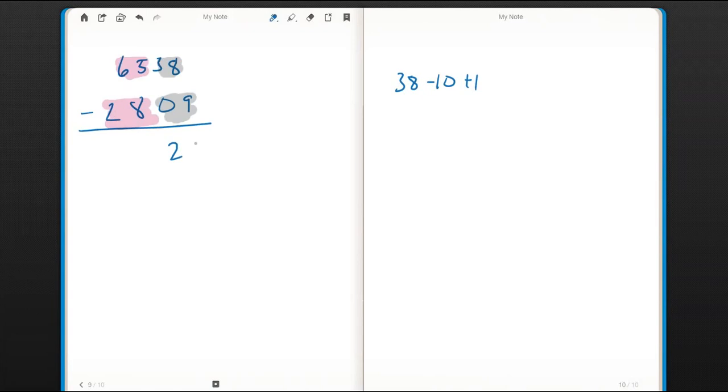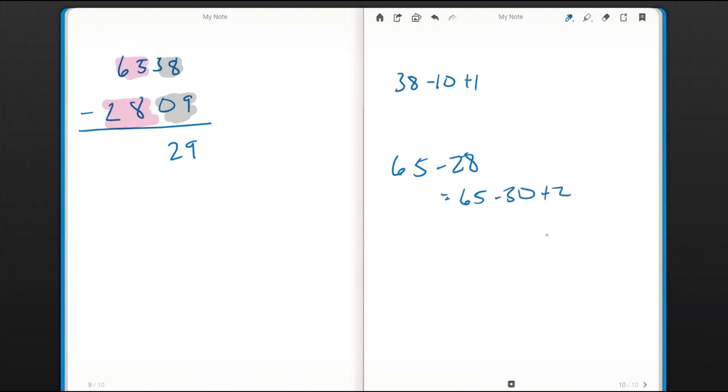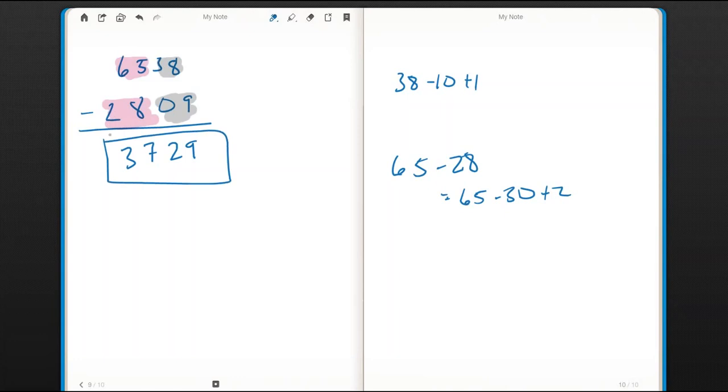So that's going to be 29. 65 hundreds take away 28 hundreds is the same thing as 65 take away 30, put 2 back. That's 37. And I have the answer with 2 quick mental solutions.